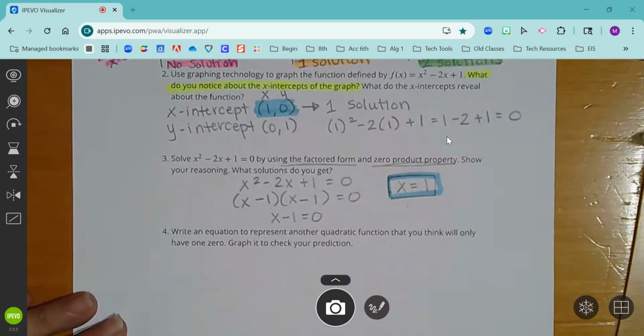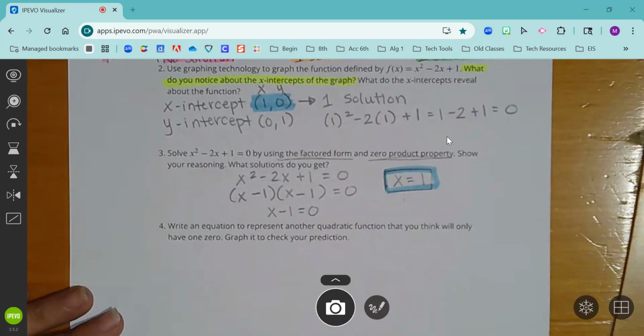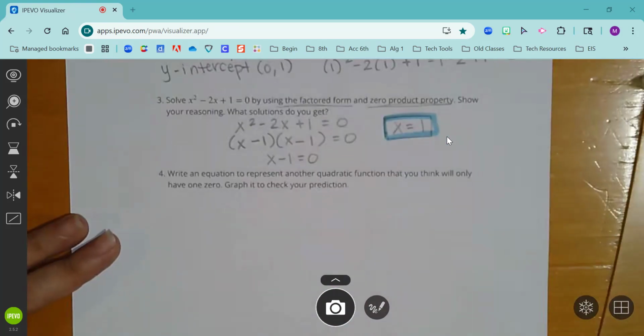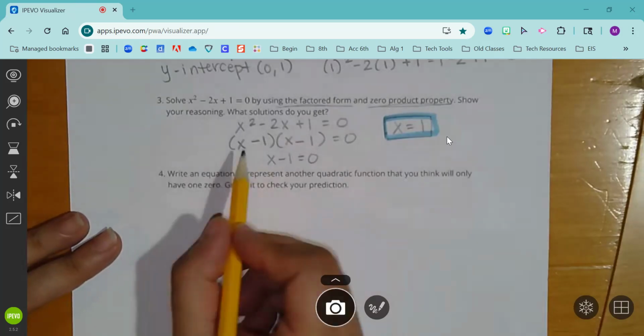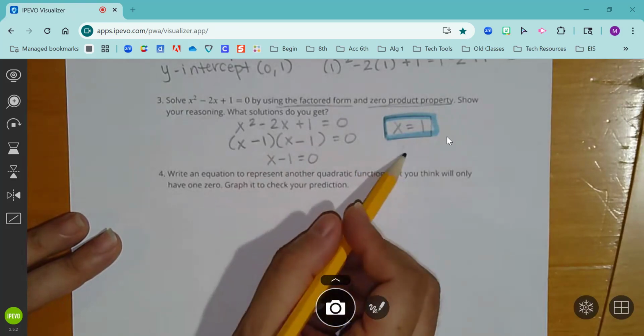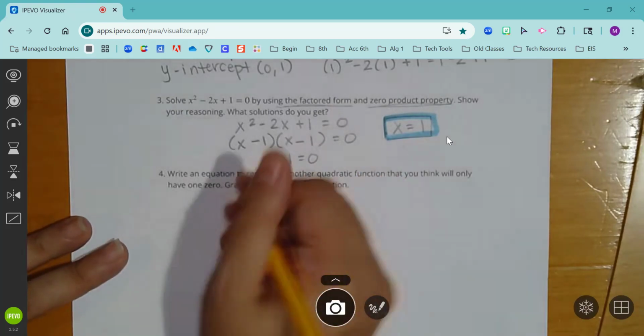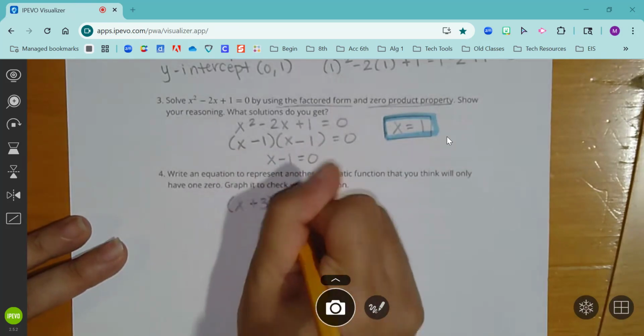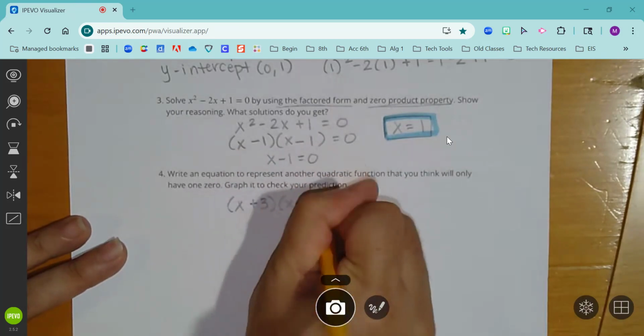Write an equation to represent another quadratic function that you think will only have one x-intercept. Graph it to check your prediction. Well, I noticed this pattern when it's the same expression, I only have to solve for one answer. So I'm going to start with another expression. Let's do x plus 3 times x plus 3 equals 0.